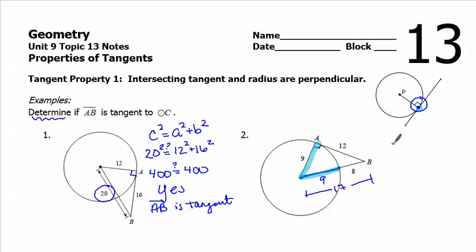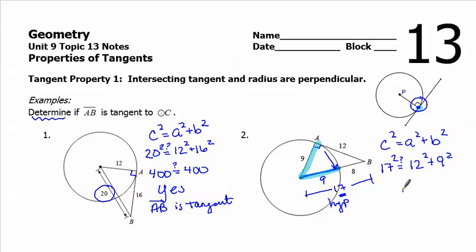Now, once again, I'm going to use c squared equals a squared plus b squared to determine if it's a right triangle. 17 is my biggest. It's also across from the right angle. That's the other way we can tell. So that's my hypotenuse, or my c. So 17 squared equals 12 squared plus 9 squared. We're checking that out.